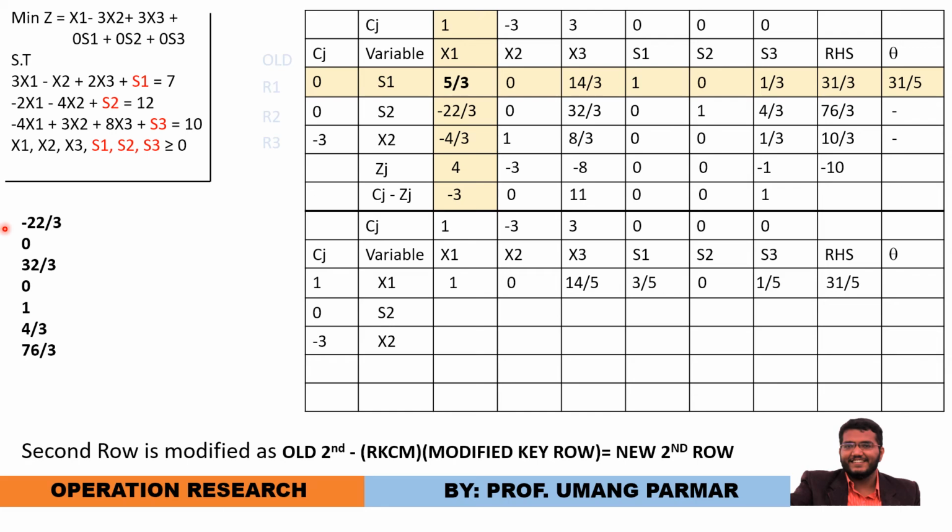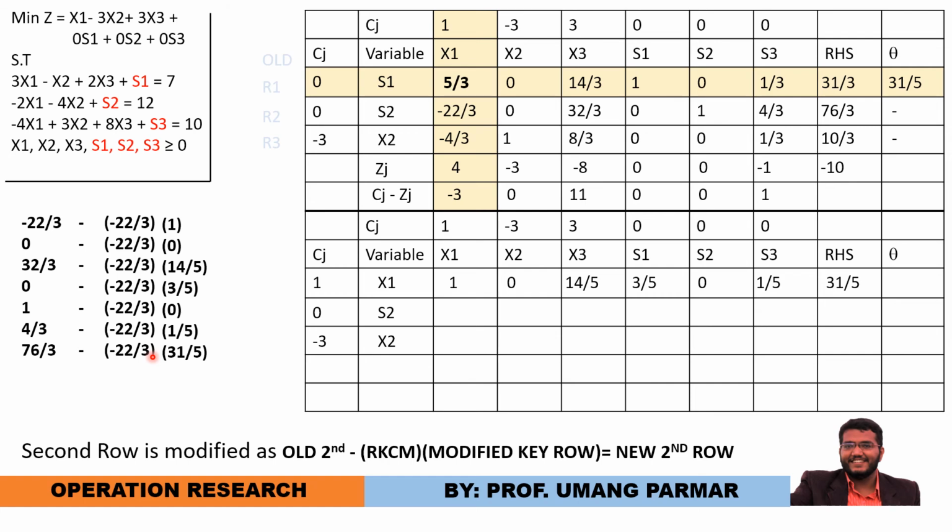These are the old members of the second row: minus 22/3, 0, 32/3, 0, 1, 4/3, and at last 76/3, from which we subtract. The respective key column member is minus 22/3, so here it is mentioned minus 22/3, multiplied by the modified key members.